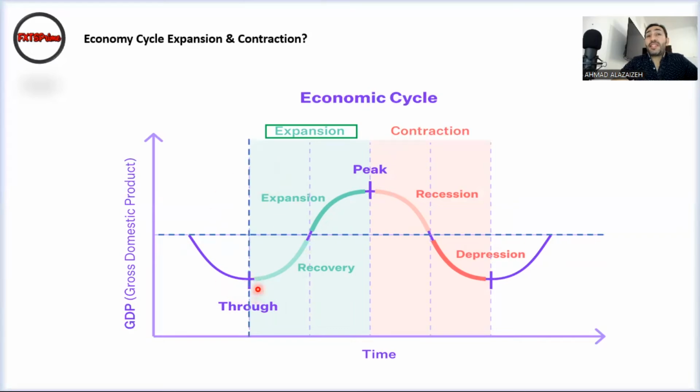So if the cycle starts from the bottom, that is the area where we have deflation or depression. This means there is no money in the market and there are cheap products in the market, so nobody's buying them. So what will the central bank do to increase consumption and productivity in the market? It will cut interest rates, so borrowing will increase, and it will supply money to the market by intervening with open market operations.